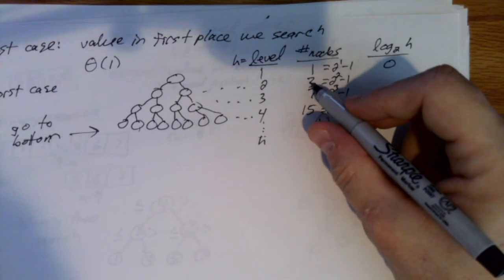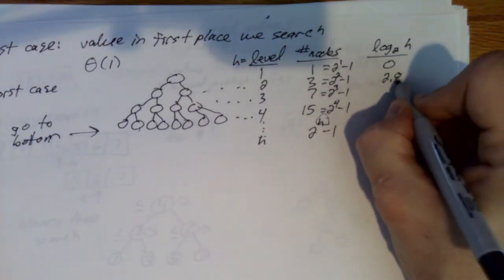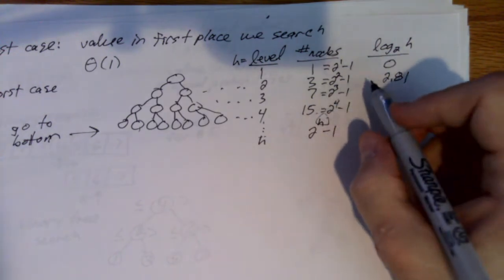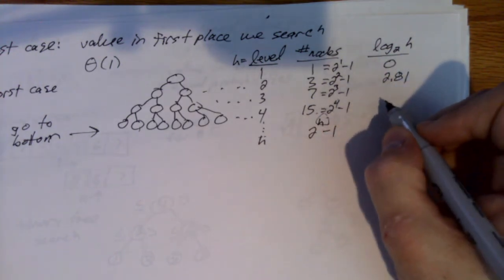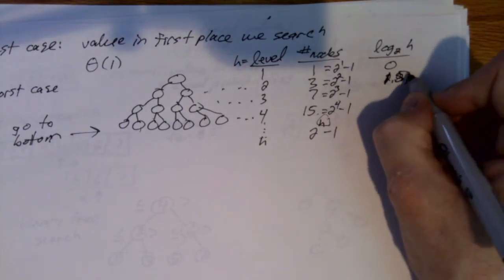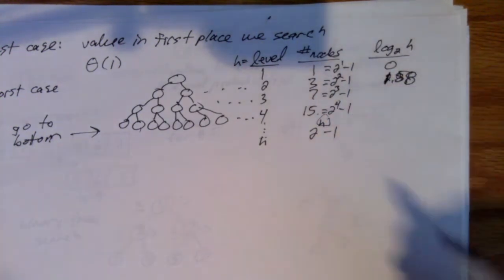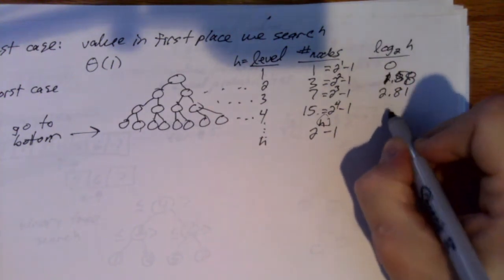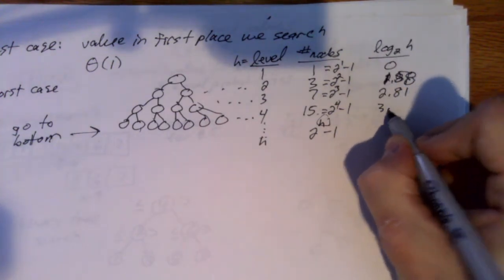Log base 2 of 3 is 1.58. Log base 2 of 7 is 2.81. Or 8, sorry, I'm looking wrong. I'm copying this off a piece of paper. Log base 2 of 15 is 3.91.